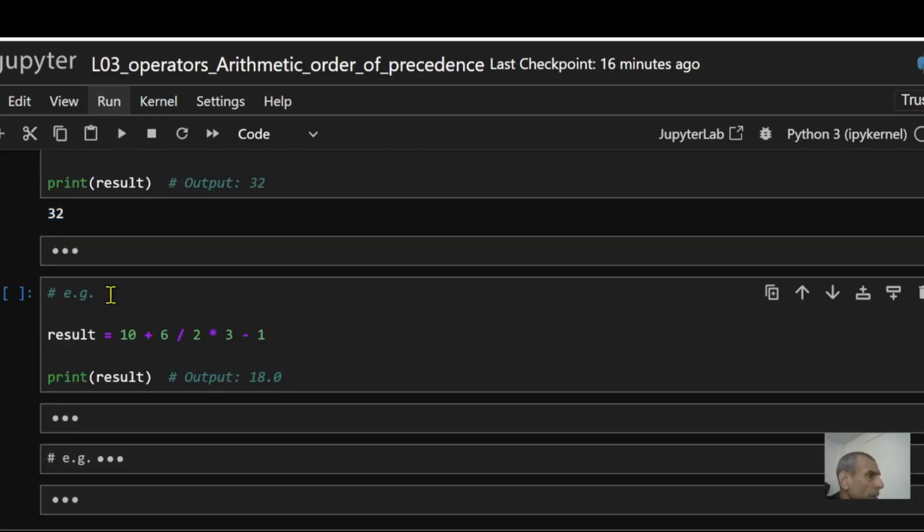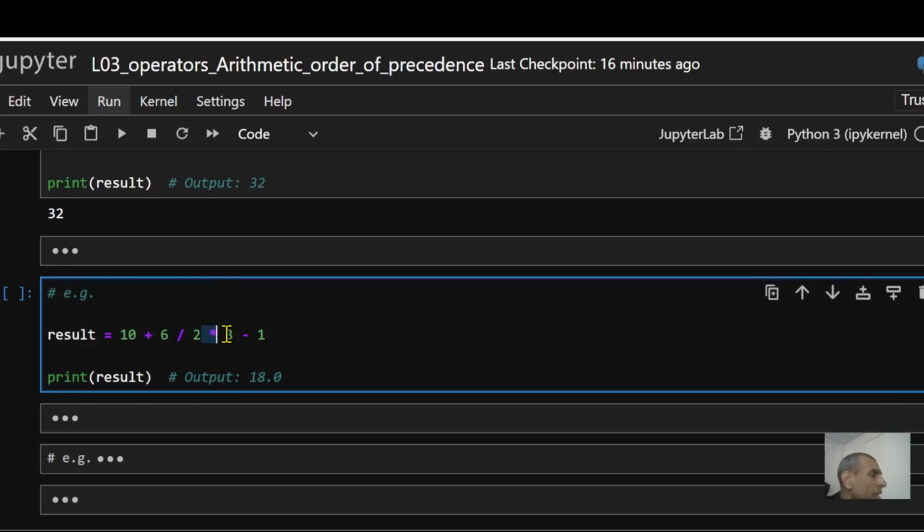What about this example right here? Well, in this case, I have 10 plus 6 divided by 2 times 3 minus 1. Well, this looks kind of like a scary looking expression, but just follow the rules. According to those rules, your multiplication and division take higher precedence over plus and minus. But you have both division and multiplication in this case.